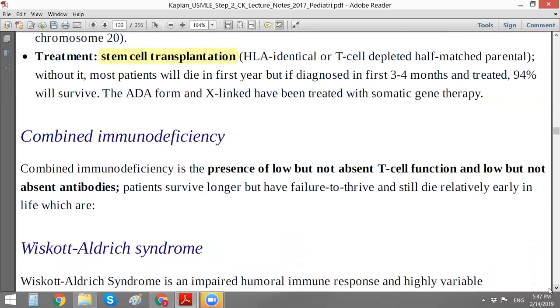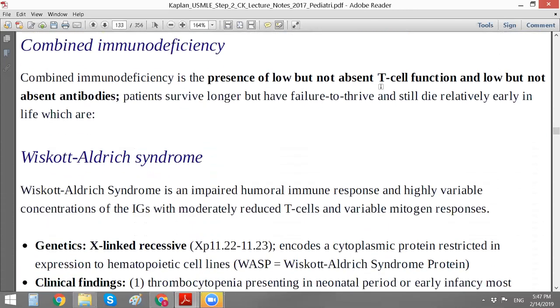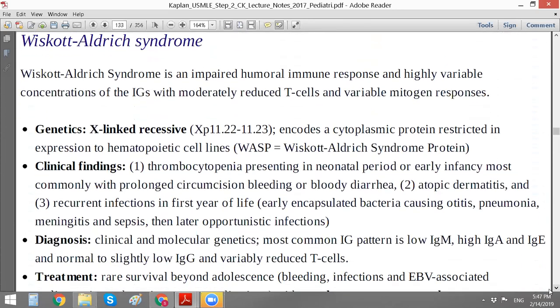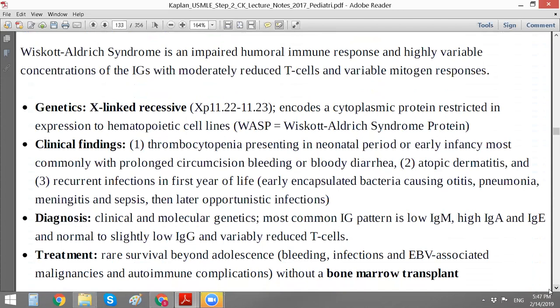Then combined immunodeficiency is the presence of low but not absent T cell function and low but not absent antibodies. Patients survive longer but have failure to thrive and still die relatively early in life. Next is Wiskott-Aldrich syndrome, with an impaired humoral immune response, highly variable IgG concentration, moderately reduced T cells, and a variable mitogen response.